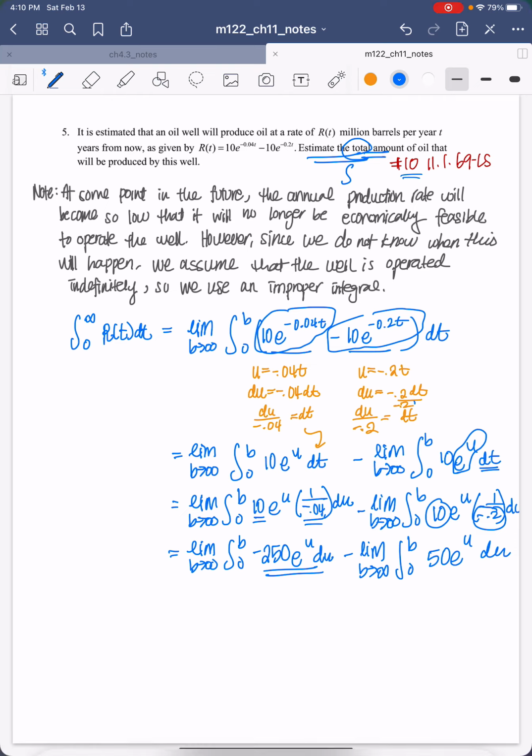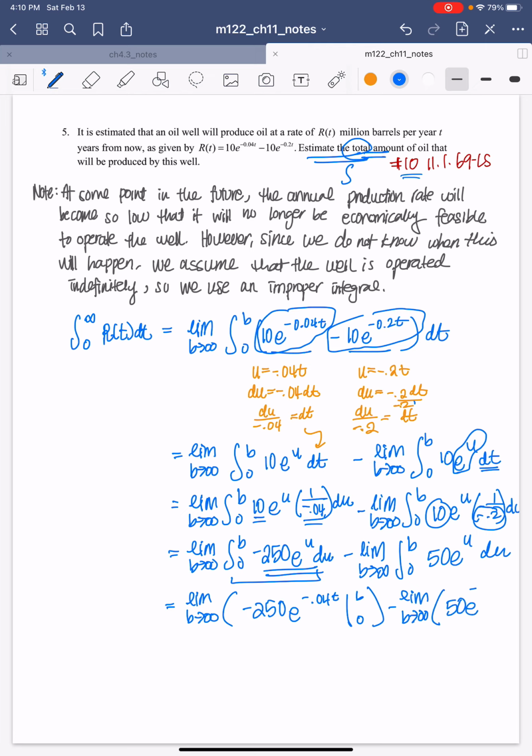So my limit as b goes to infinity, after you take the antiderivative, I'm going to get negative 250 e to the u, but plugging u back in, e to the negative 0.04t from 0 to b, and then subtracting limit as b goes to infinity of 50 e to the negative 0.2t from 0 to b.